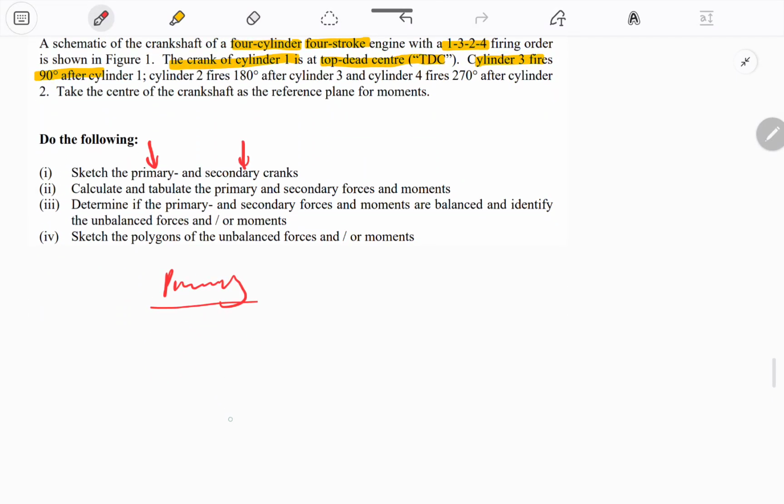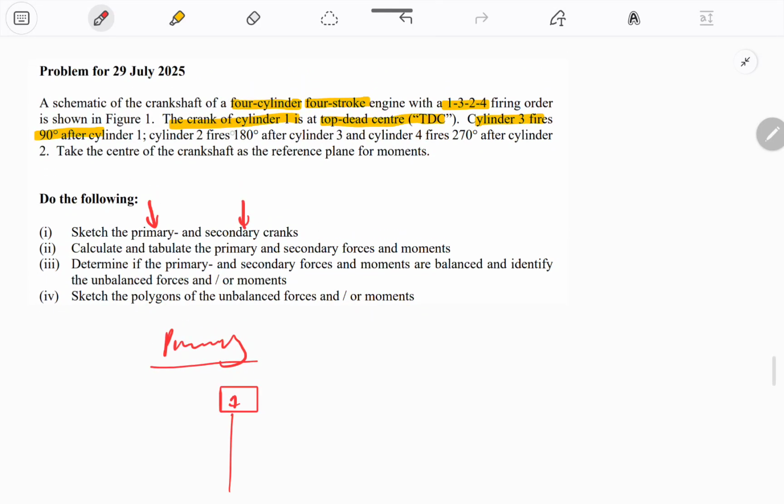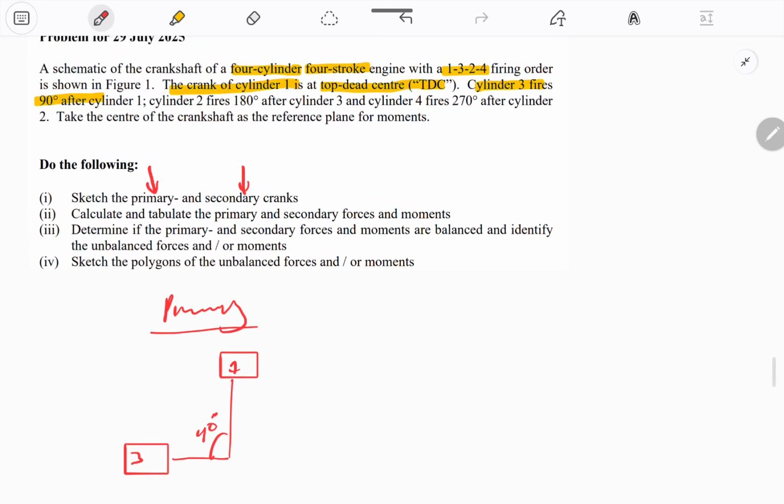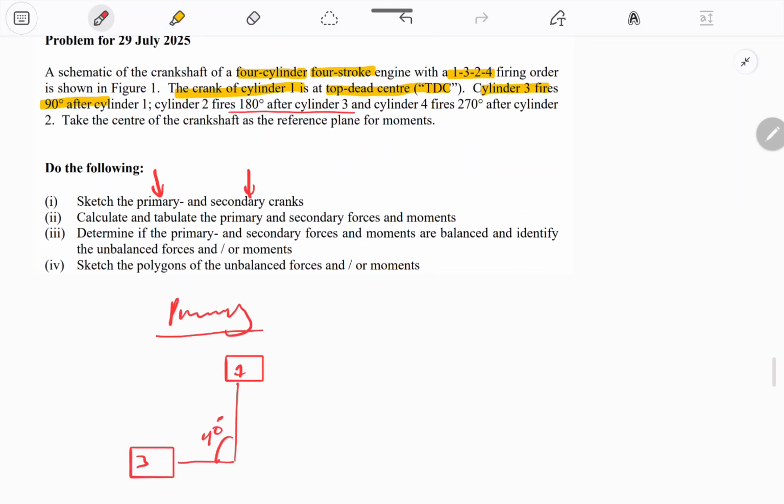First of all, they told us that piston 1 is at the very top, top dead center, and then piston 3 fires 90 degrees after. It means we have 90 degrees, piston 3 here, and then piston 2 fires 180 after 3.